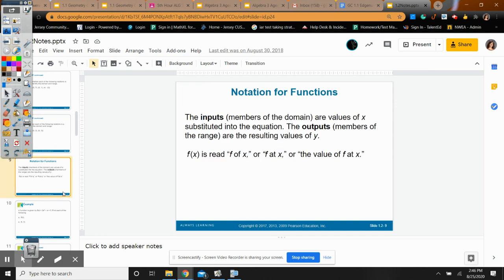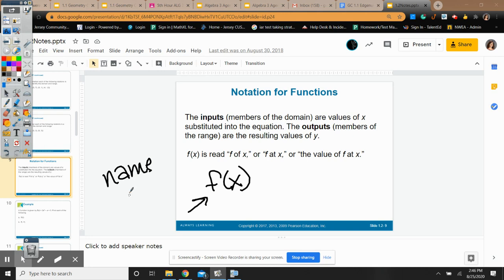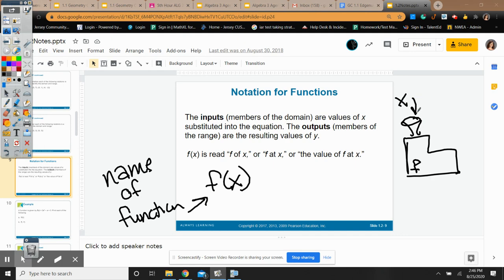Okay, so function notation. We use this function notation like this: f of x. And that's how you read it. F is the name of the function. So like for my machine picture, this guy's name would be F. X is what I'm plugging into it. That's your input, whatever's in parentheses.